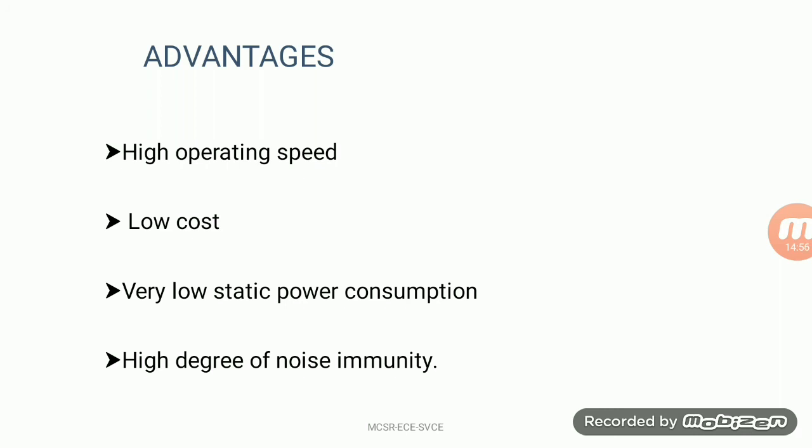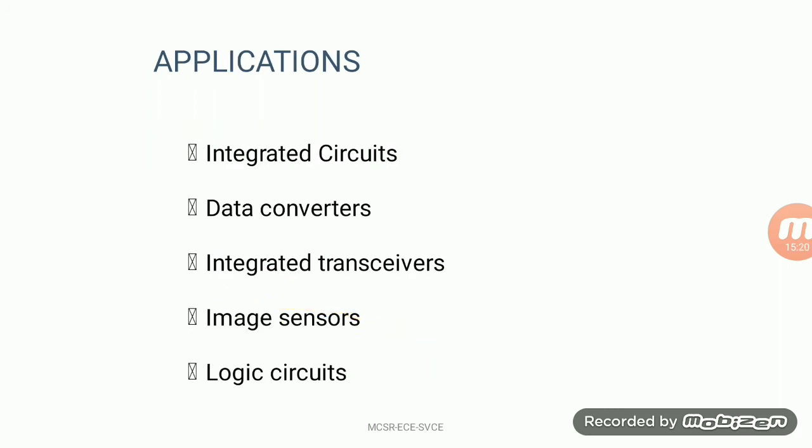Compared to existing methods, CMOS technology has a high speed of operation. Also, the cost of implementing CMOS logic circuits is very low, with low power consumption compared to NMOS and PMOS. And noise immunity, meaning the resistance to noise, is high in CMOS circuits. These are the major advantages of CMOS logic.